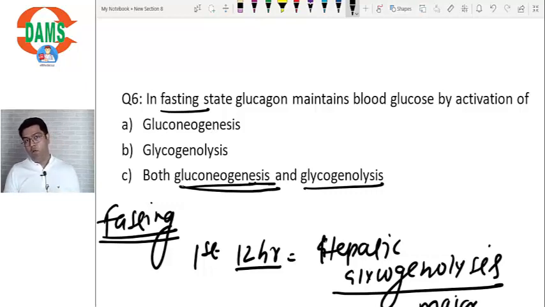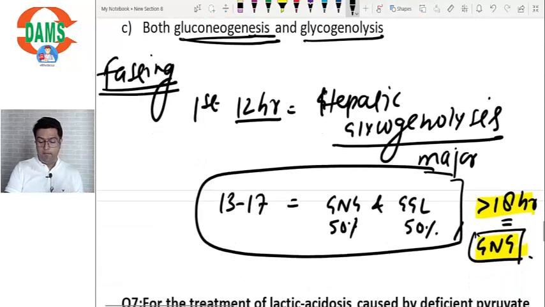So again, if only cortisol, a glucocorticoid, was mentioned, go for gluconeogenesis as the best answer. And if glucagon, then go for both, because they have not mentioned the time. If they mention the first 12 hours of fasting, then I would go with glycogen as the best answer.